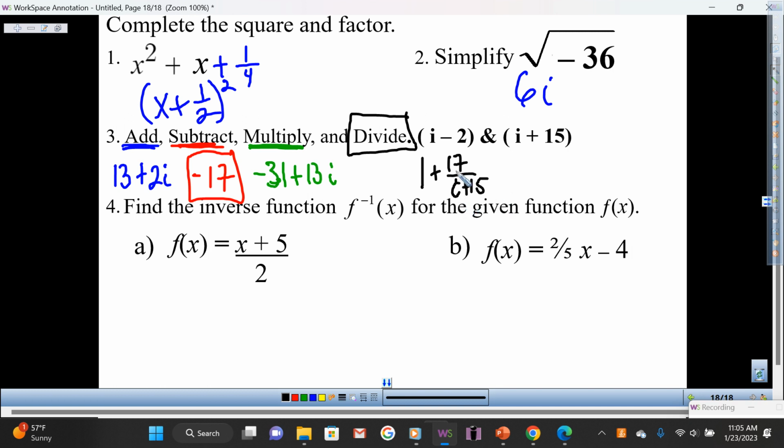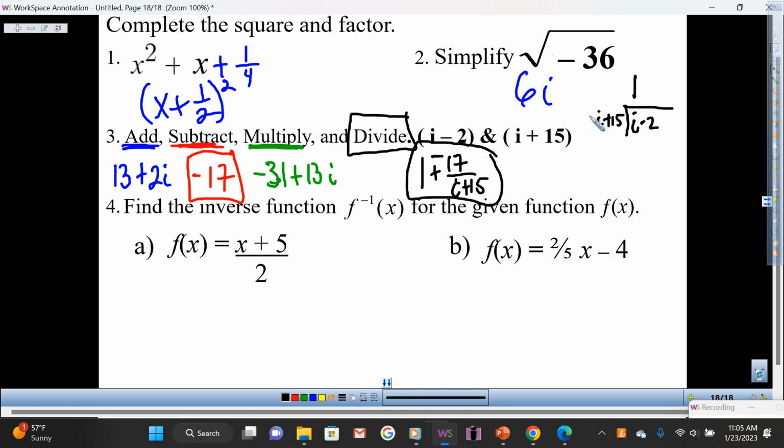Close. So remember, the only thing that we need to change there. Negative? Yes, negative 17. Very good, thank you. Division, we got i minus 2 divided by i plus 15.